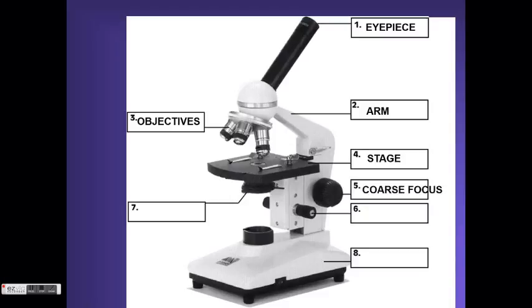Number 5 and 6, we have two focus knobs. We have a large one that we call the coarse focus knob, and a very tiny one called the fine focus. The coarse focus is used to raise and lower the stage very quickly. This is typically used only under low power.